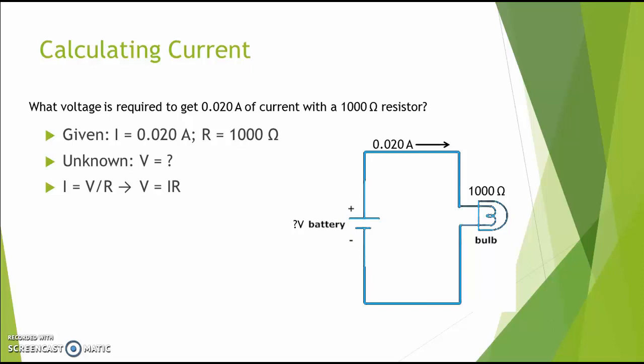We need the voltage on the left-hand side. And so some quick algebra shows that to get voltage alone, we need to multiply both sides by resistance and get V equals IR. Substitute in 0.02 amps, 1000 ohms, and the solution, 20 volts.